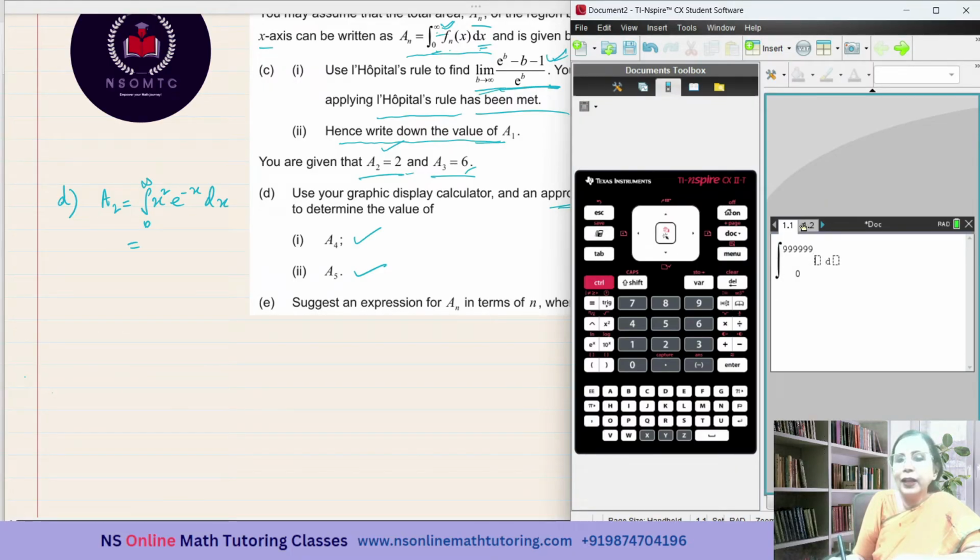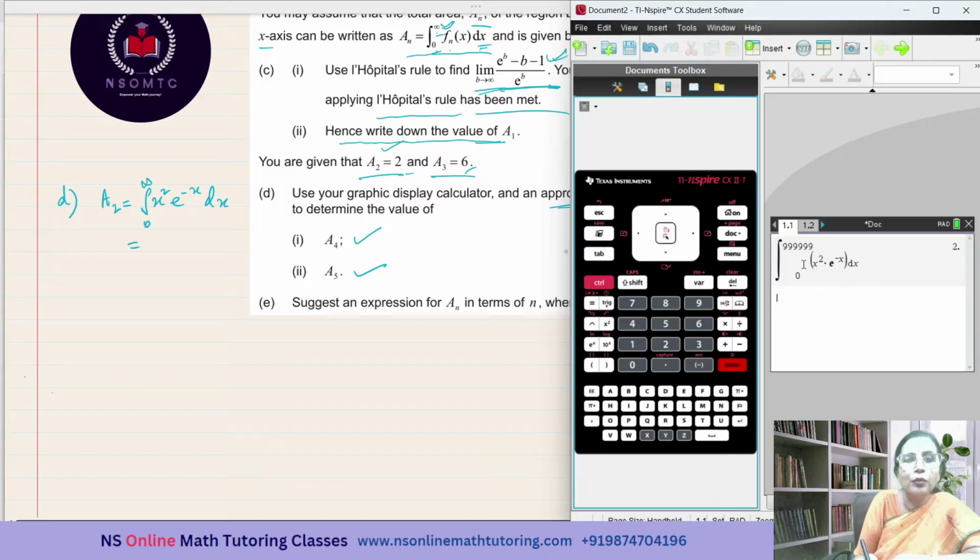Or you can give any other large positive value also. The expression will be x square times e to the power of negative x and dx. Fine. See, the answer is 2.